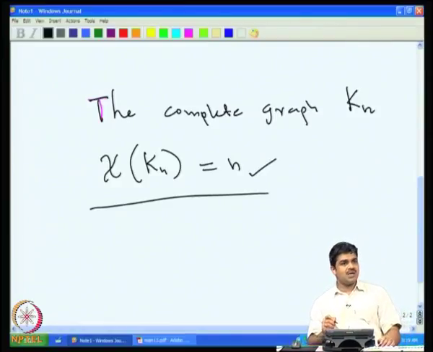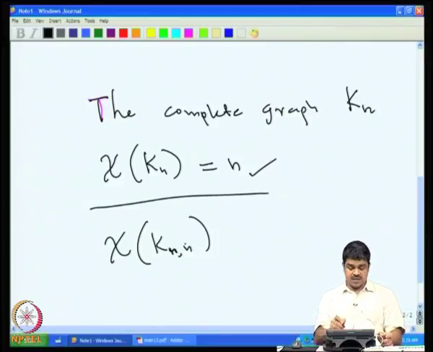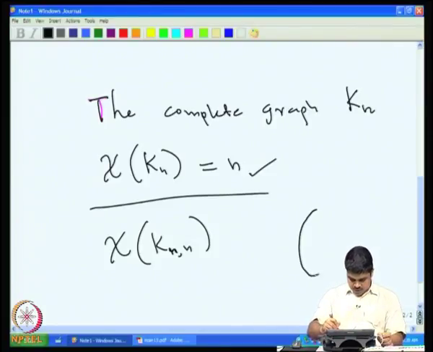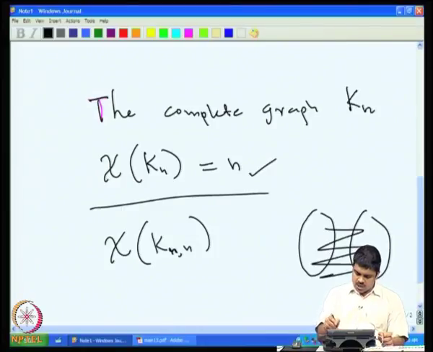Now what about a complete bipartite graph Kn,n? This also has lots of edges, but still it requires only two colors. Why does it require only two colors? Because a complete bipartite graph has all the connections between the two sides.